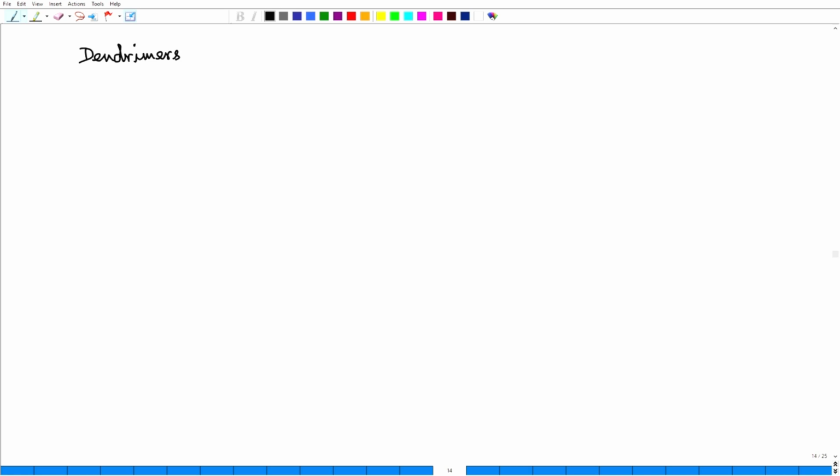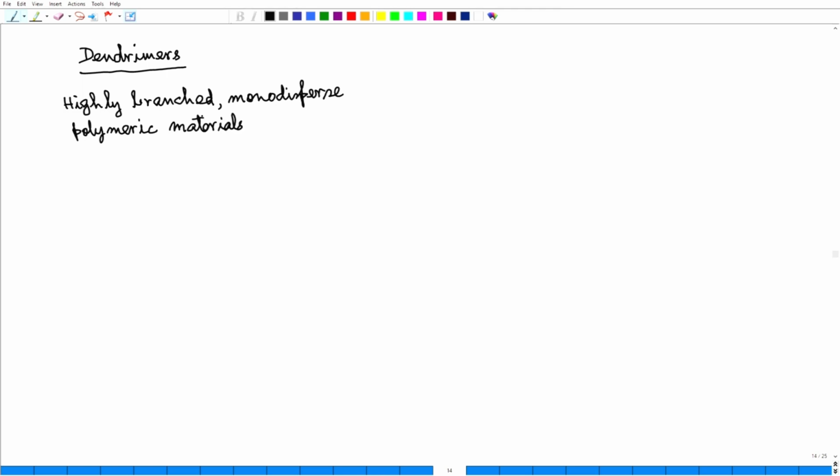Dendrimers are highly branched, monodisperse polymeric materials. And the structure of these dendrimers, I will write one structure right now, has a great impact on their physical and chemical properties.